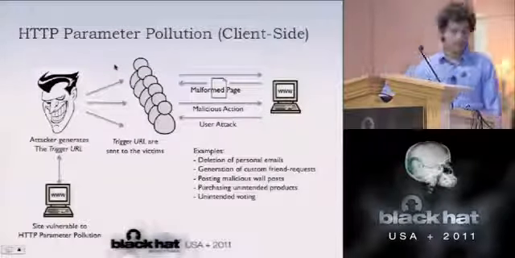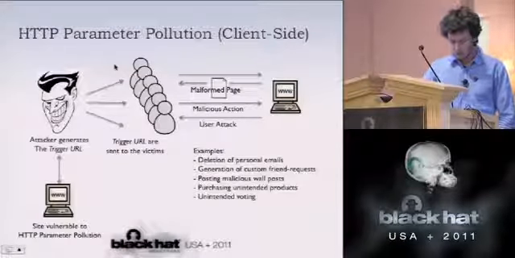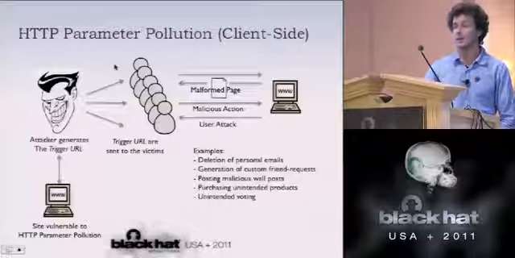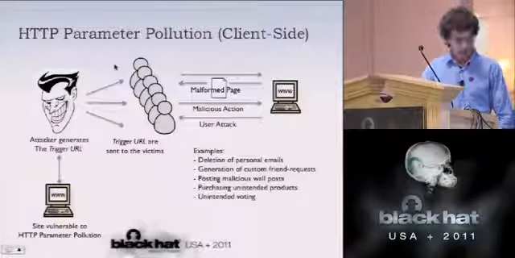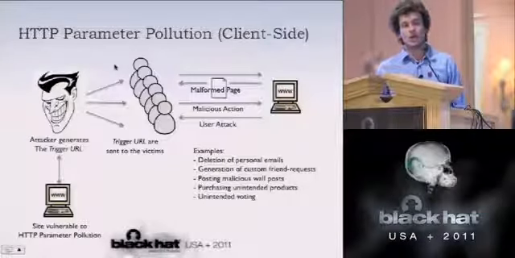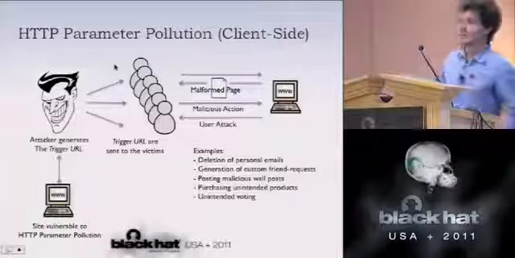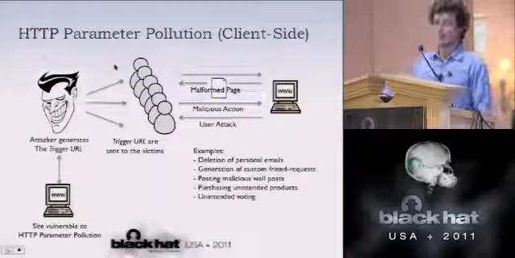Web developers were not aware that a client can submit the same parameter twice, or inject a second parameter, and end up in an unexpected situation. This is usually what security people look for.